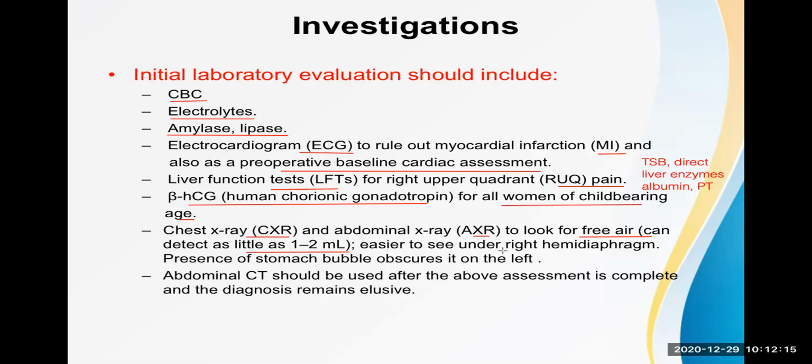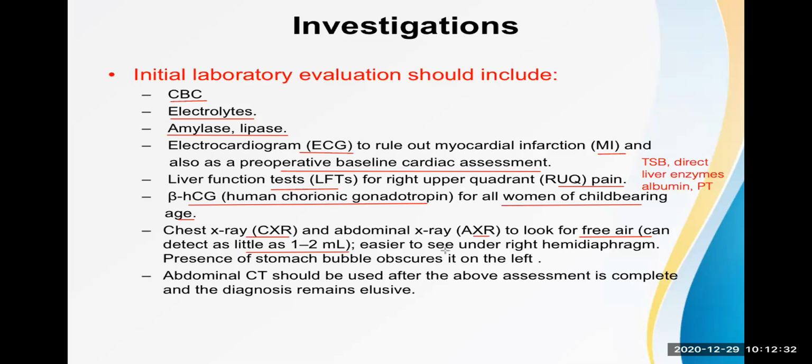The perforation can occur anywhere inside the abdominal cavity, stomach, duodenum, jejunum, ileum, colon, whatever. So we have to find out where exactly the perforation is. This is the job of the surgeon.